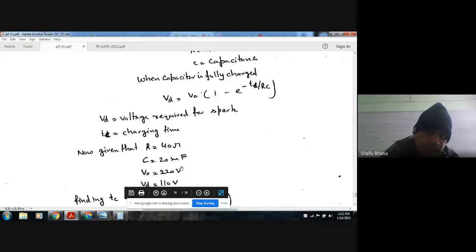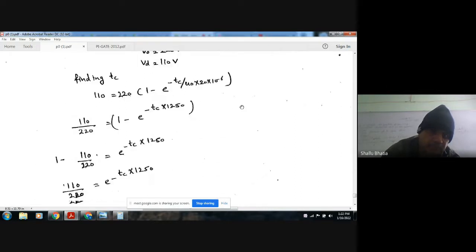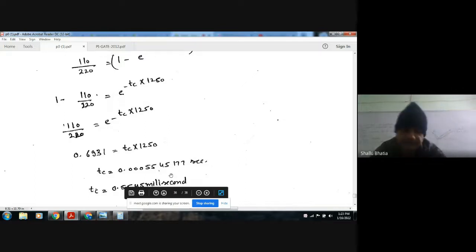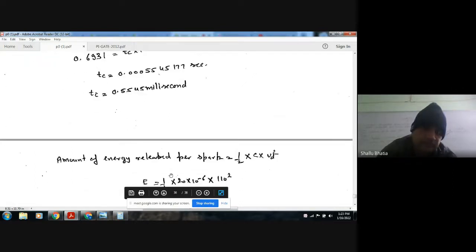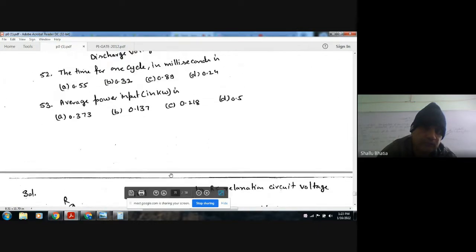R is 40 ohm, C is 20 microfarad, V naught is 220, and VD is the discharge voltage 110. From this relation we can find TC, which is 0.5545 milliseconds.